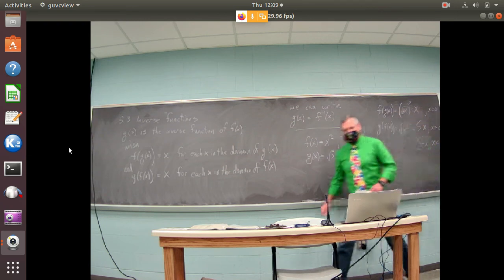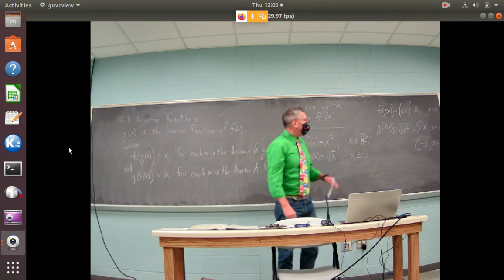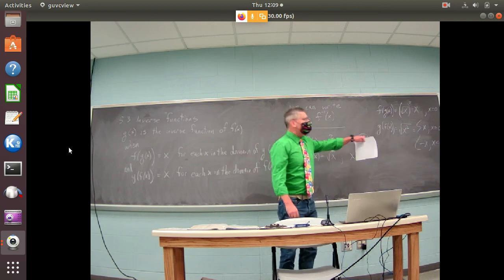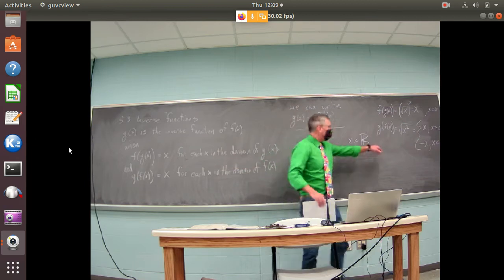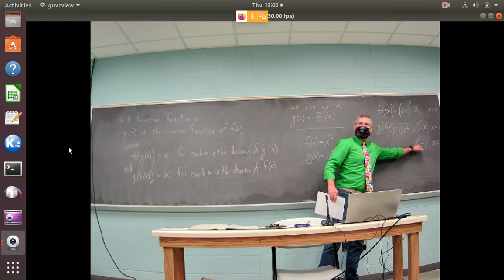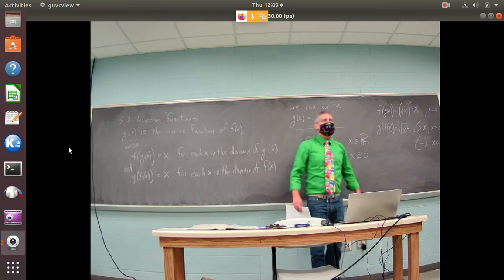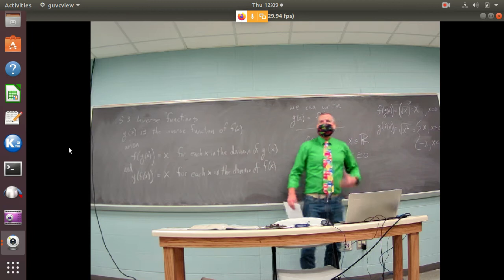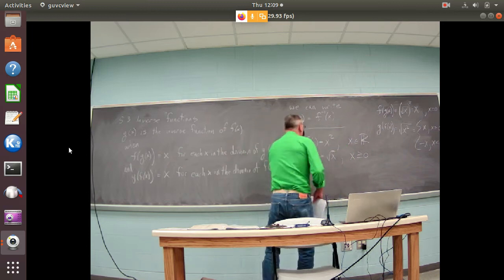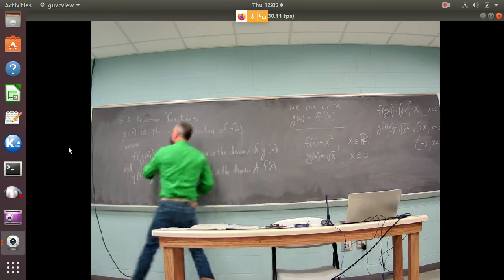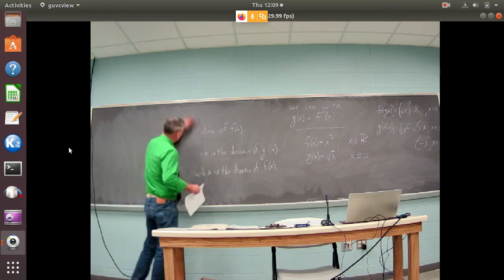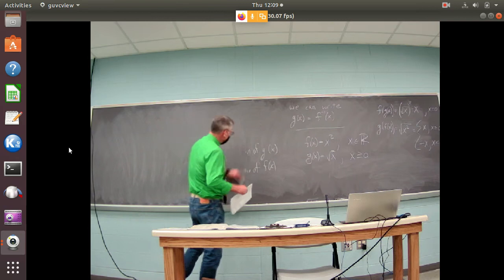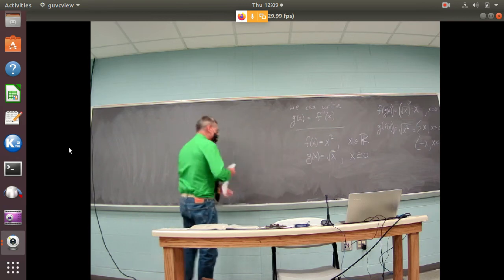And so it doesn't fit our definition, because we don't get x back for some of the domain of f. And so therefore, we would have that g of x is not equal to f inverse of x in this particular case.